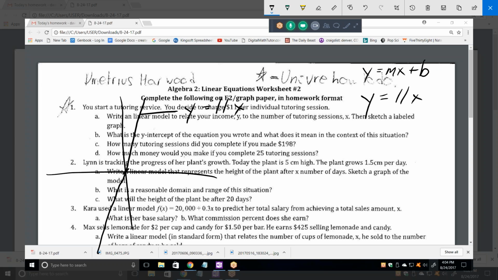And that's a graph of it. And then they ask you, what's the y-intercept? Well, we already answered that. What does it mean in the context of this situation? It means if you do 0 tutoring sessions, how much do you make? Nothing. That's what it means.